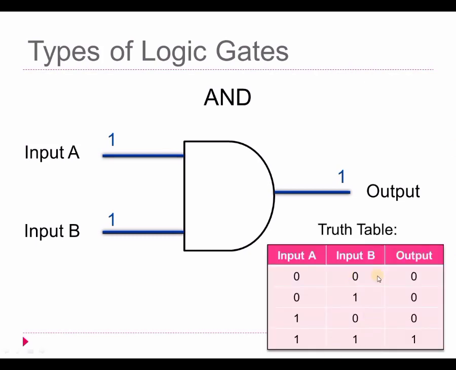So, there is also a truth table here. As you can see, only if A and B are both 1, the output is 1. And for the other combinations, we produce a 0 output.